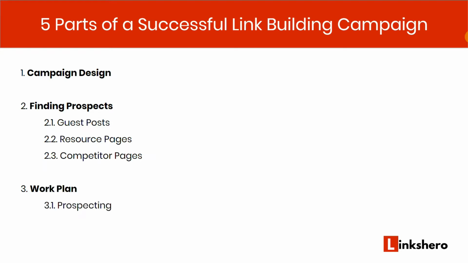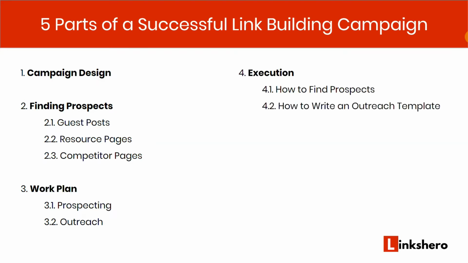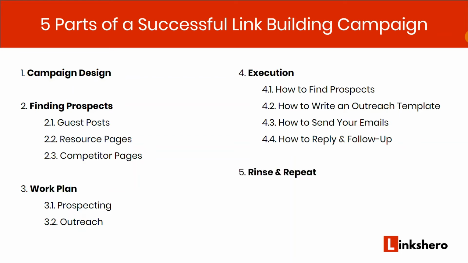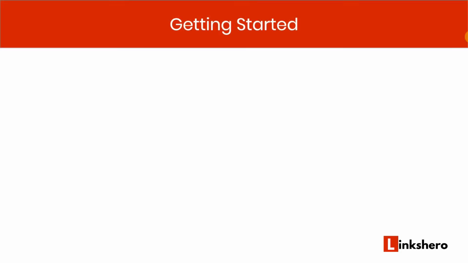And the part consists of prospecting part and the outreach part. Then we move on to the execution, and I actually show you exactly how to find prospects, how to write an outreach template, given some real examples, how to send emails at scale, how to reply and follow up. And then we move on to the final stage, rinse and repeat. So how about we get started?